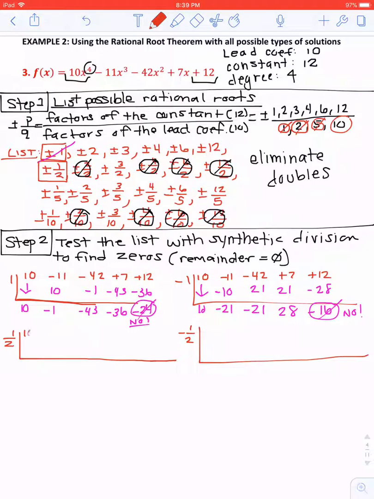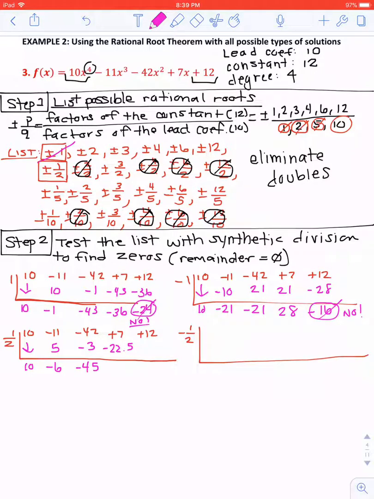All right, so 10, -11, -42, +7, +12. So let's try it. 10, what's half of 10? 5. All right, so that's negative 6, so that's negative 3, that's negative 45.